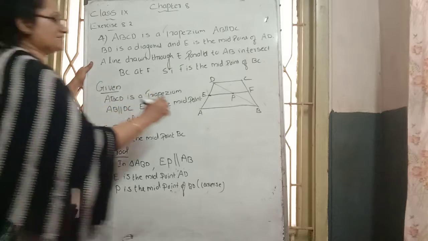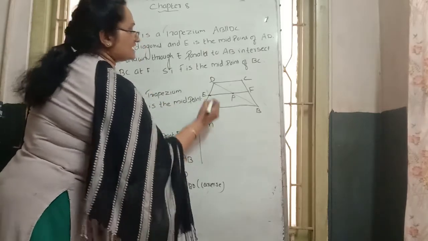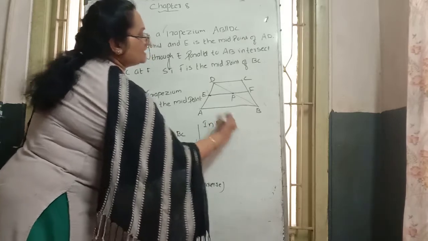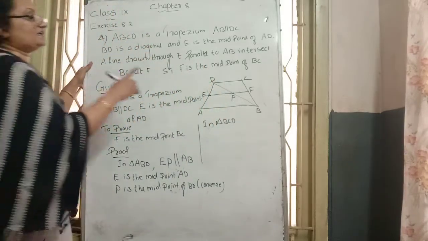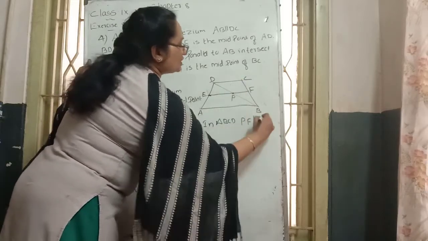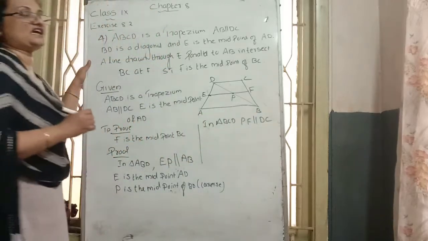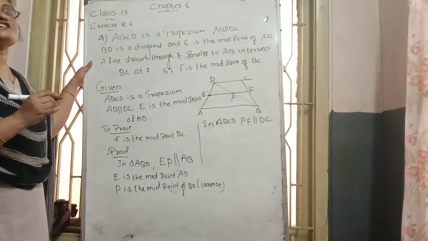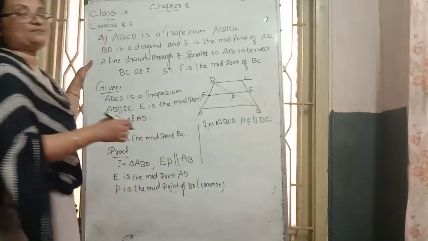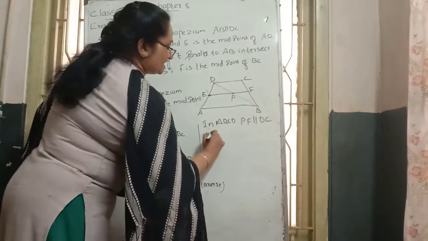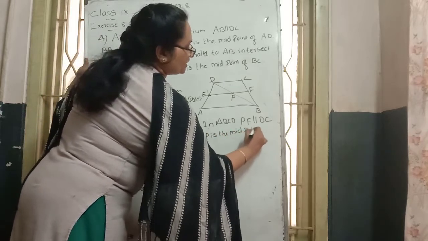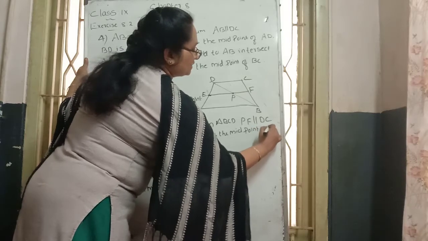Next we consider the second triangle, BCD. Here the PF line is parallel to the DC side, by the midpoint theorem. And we already proved that P is the midpoint of the BD side.